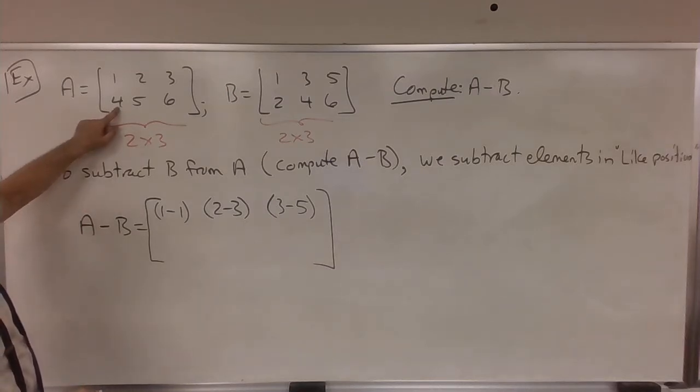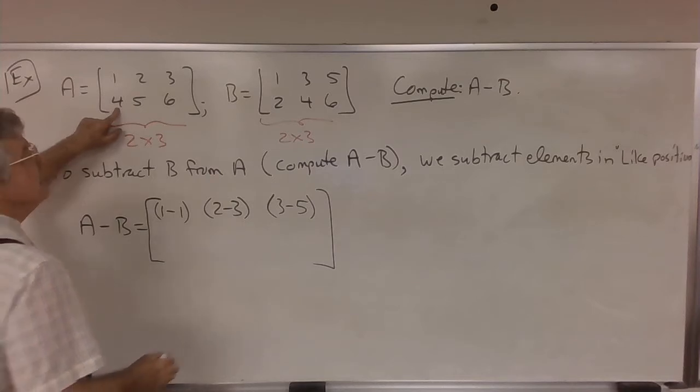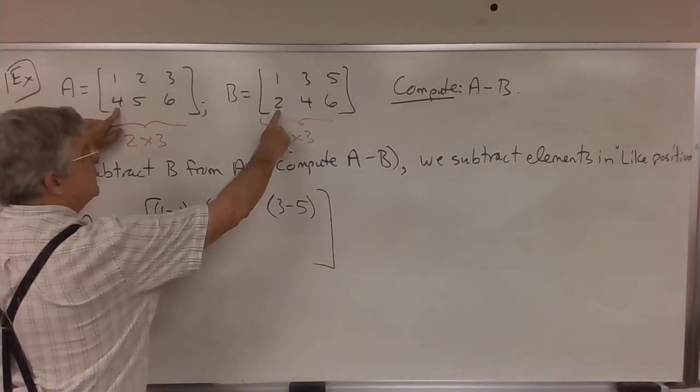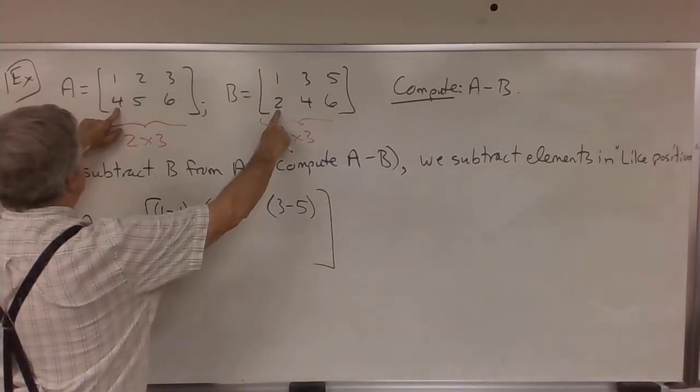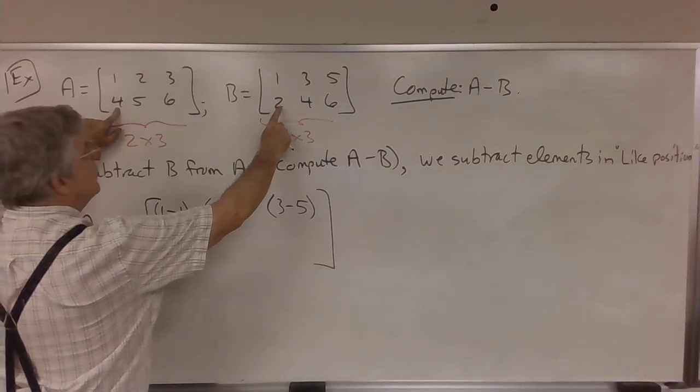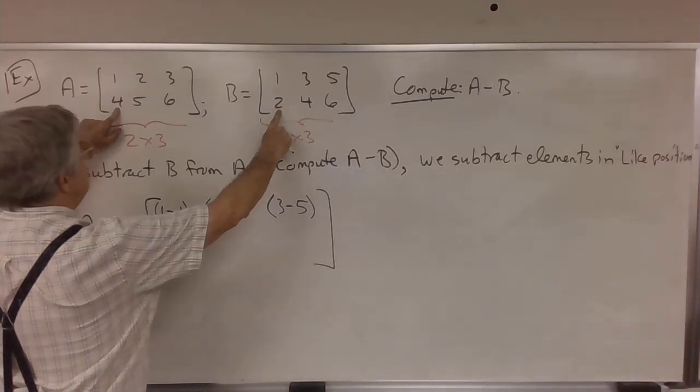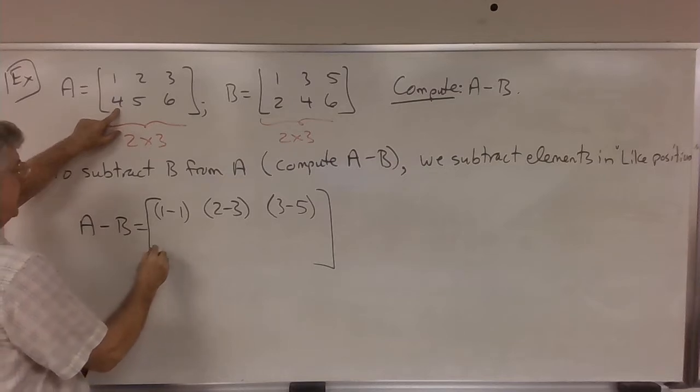And go to the second row. We're in the second row, first column. So we find the corresponding element in B, second row, first column. And we subtract the corresponding element in B from the element in A, 4 minus 2.